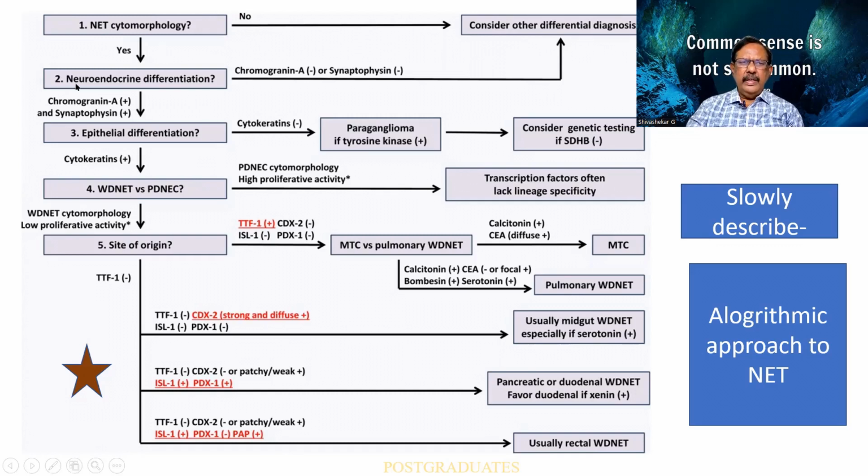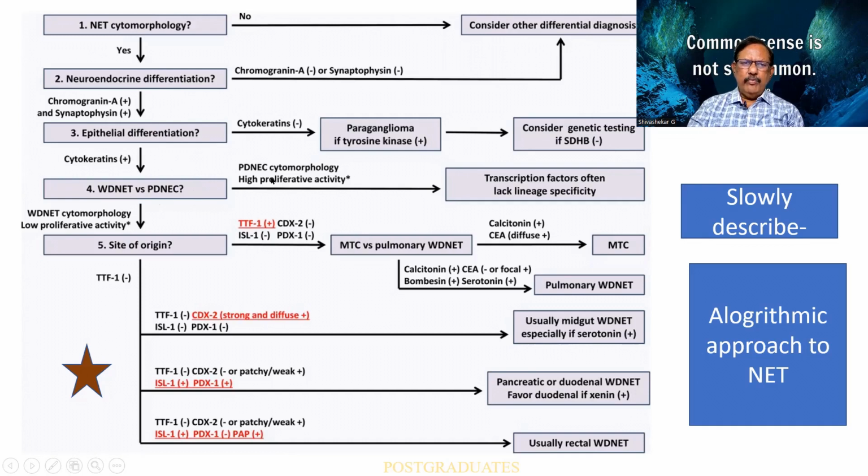If it is yes, then it can be a neuroendocrine differentiation. And whether it is going in for an epithelial differentiation, or it is positive for chromogranin, synaptophysin negative, then it can be other differential diagnosis. Epithelial means there can be cytokeratins, and paraganglioma, etc., can be considered, and genetic testing will be necessary for us to make a diagnosis.